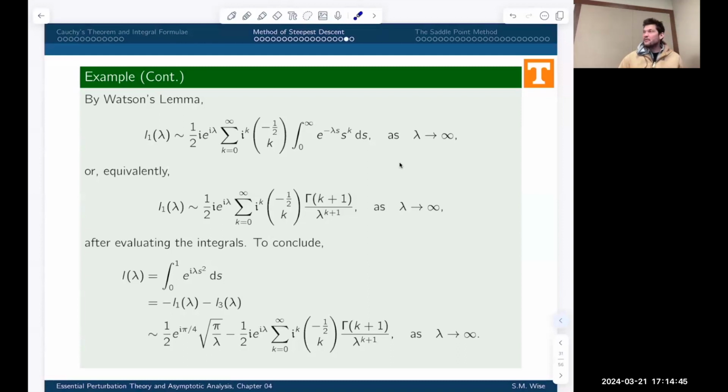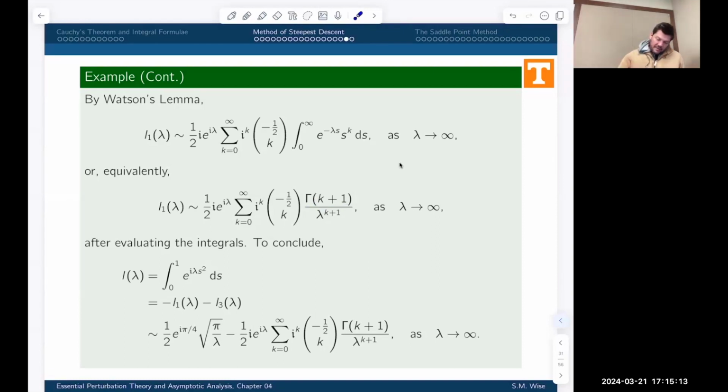Mathematica knows what to do in this case. There's no reason why you should memorize these things, but they're all nice integrals, and they can be written in terms of gamma functions if you like, and there are other ways to write them as well. I think in this case we get gamma of k plus 1, which turns out to be just equal to k factorial. All right, so we're good there.